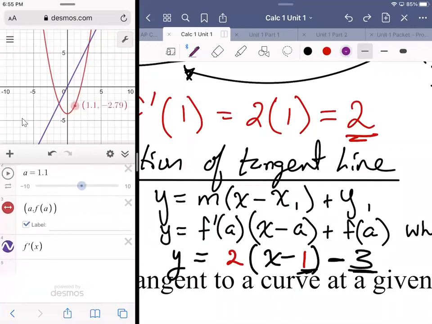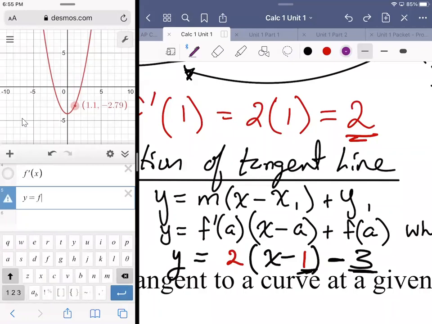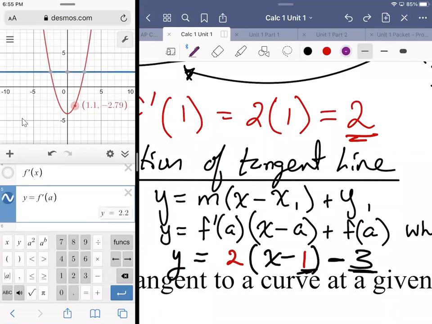Maybe I don't want the plot, so I can turn that off. But I can type in this equation here, y equals f prime of a.